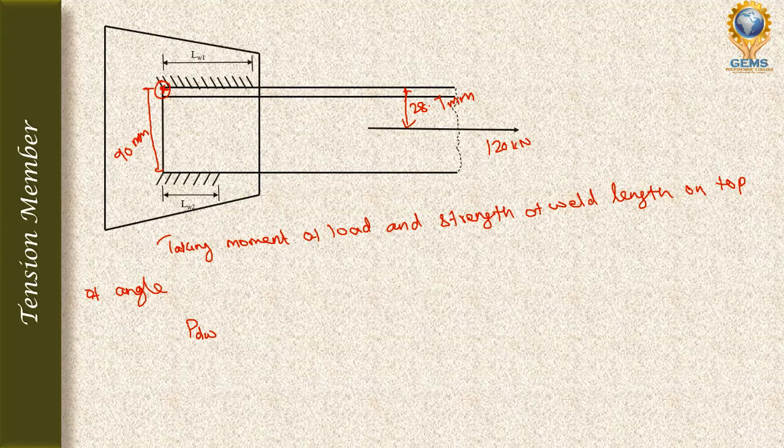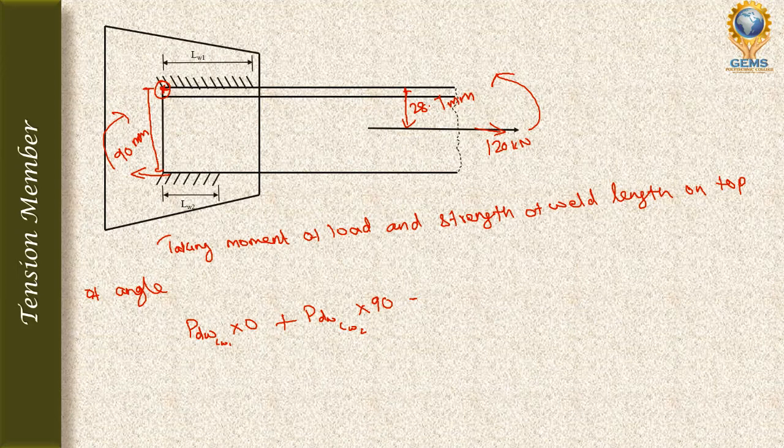The force in LW1 at a distance of 0 gives no moment. LW2 at a distance of 90 acts as clockwise, and the 120 kilonewton load acts as anti-clockwise.